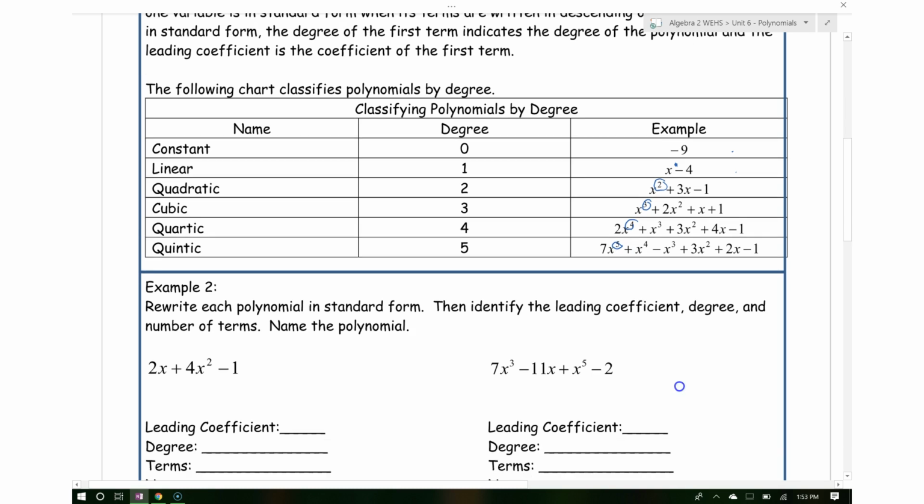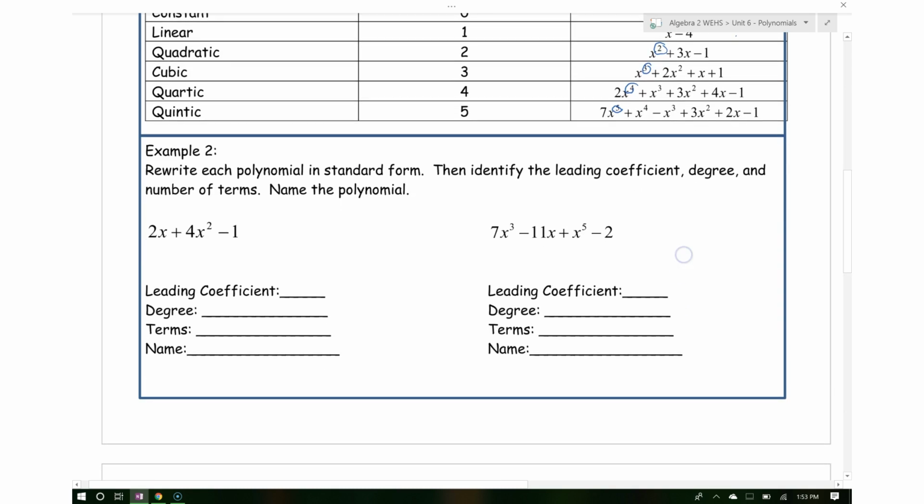So if we look at example 2, we're going to rewrite each polynomial in standard form. And how do you do this? Well, you need to identify the highest exponent. In this case, it's 4x squared. The next highest is 2x, and then minus 1. The 4, which is the first term, is the leading coefficient.